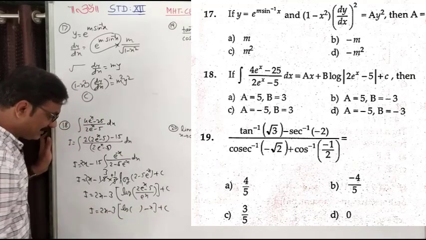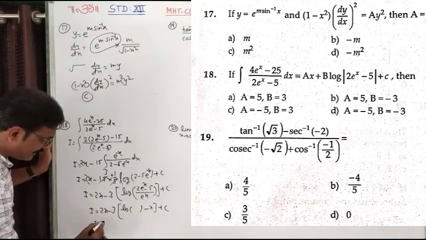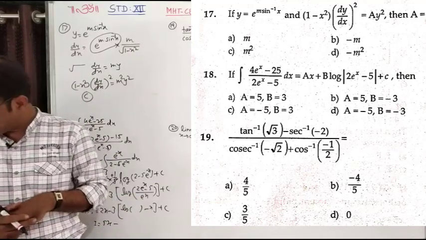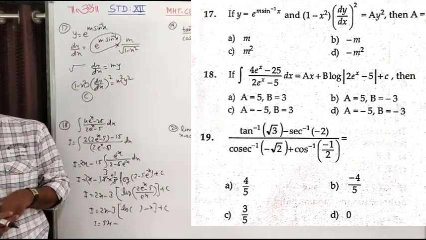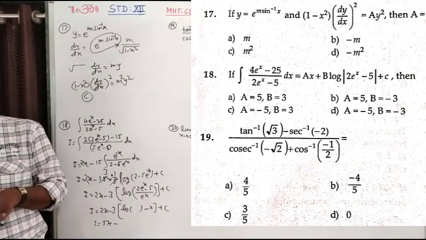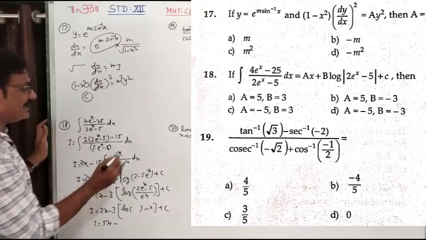This minus minus becomes plus, 3x goes with 2x. It is 5x minus this. Just look at the option. a is 5, and b is -3. Your option is B.